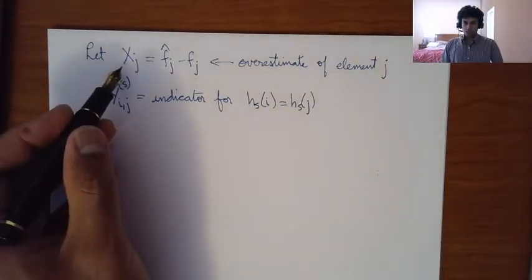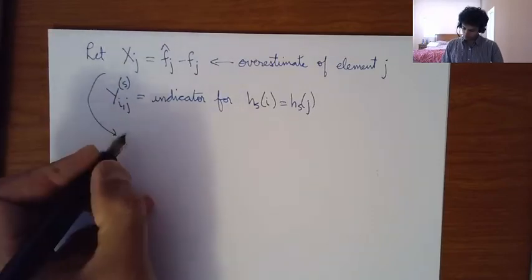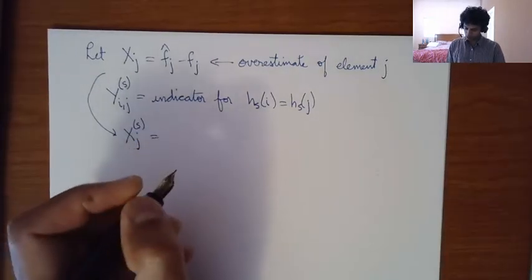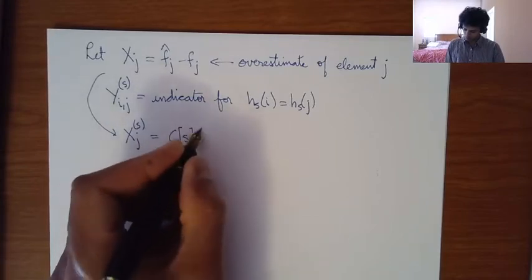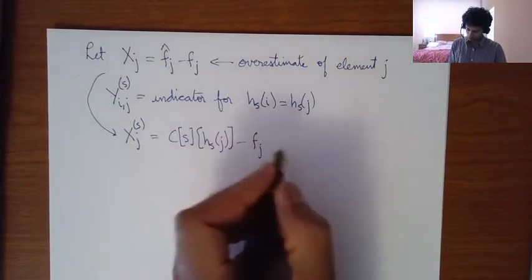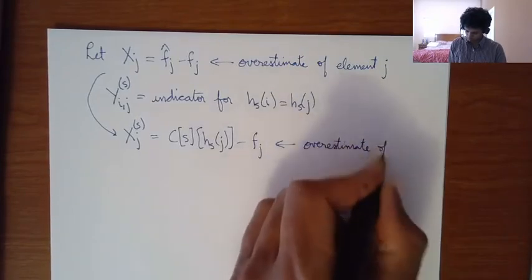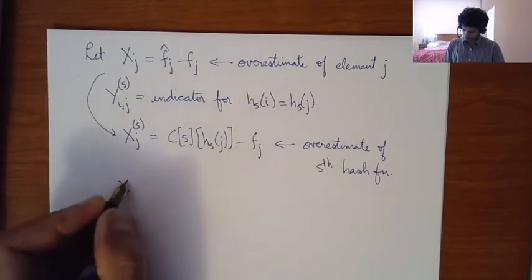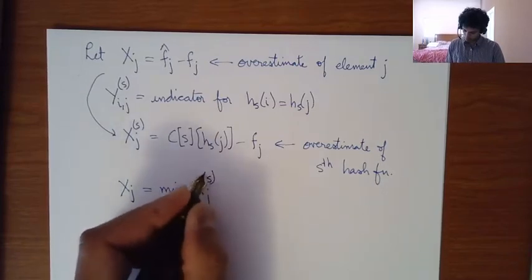So xjs is the overestimate of element j for each hash function. This is going to be cs of hs of j minus the truth, so this is the overestimate of the sth hash function. And remember that xj is just going to be the min over all s of xjs.